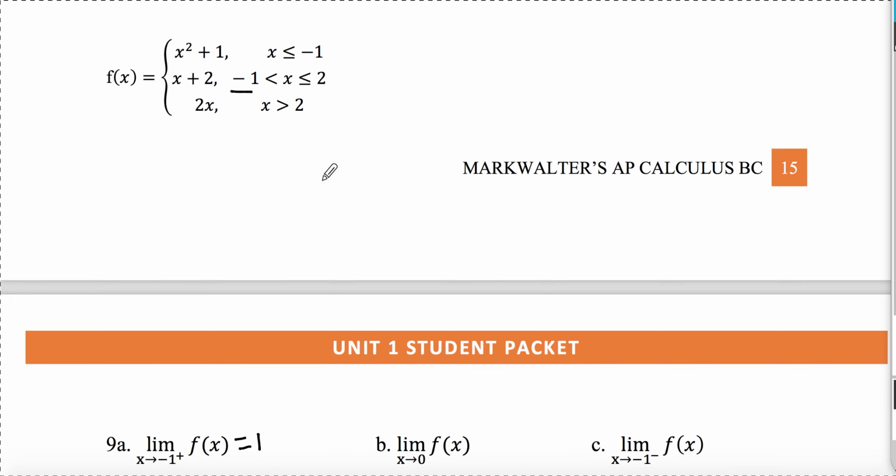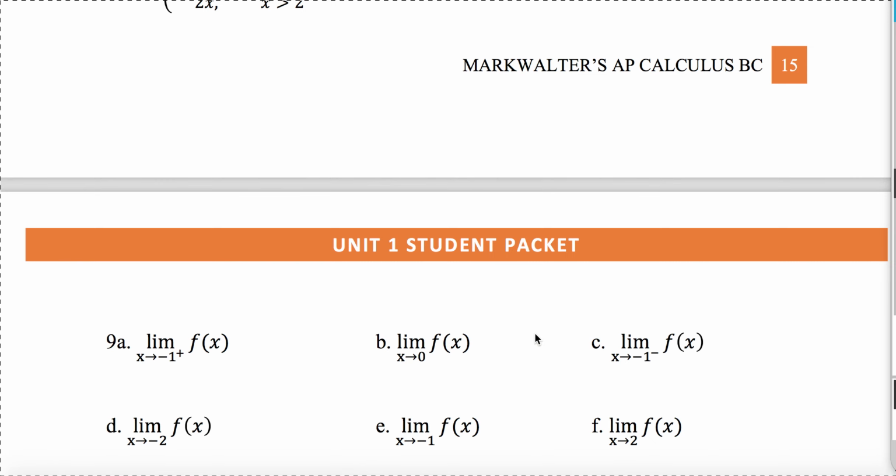X approaches 0. Well, 0 is in this interval. So I actually have no issues. I can just plug in 0. 0 plus 2 is 2. -1 from the left. So -1 from the left is going to be this branch over here, the branch that's less than -1. So I'm going to plug in -1. -1 squared plus 1 is going to give me 2. Cool. Those are the first 3.